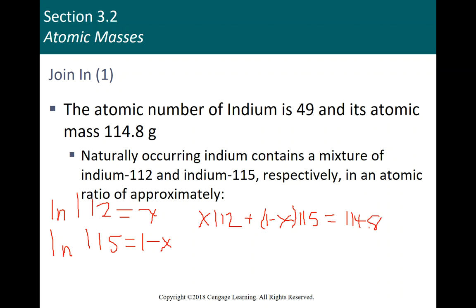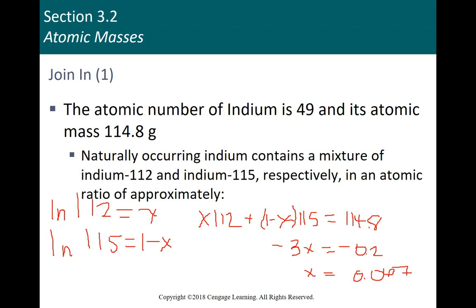When I do that math out, when I run that 115 through, I actually end up with negative 3x equals negative 0.2. And so I divide both sides by negative 3, and I end up with x being 0.067.